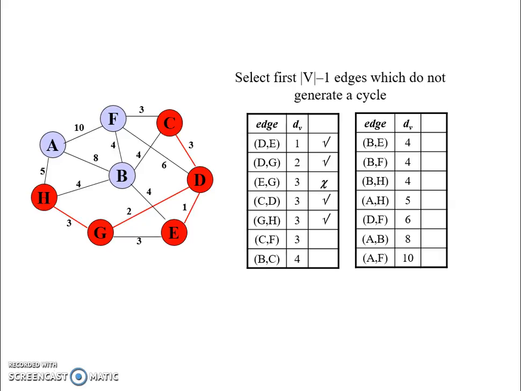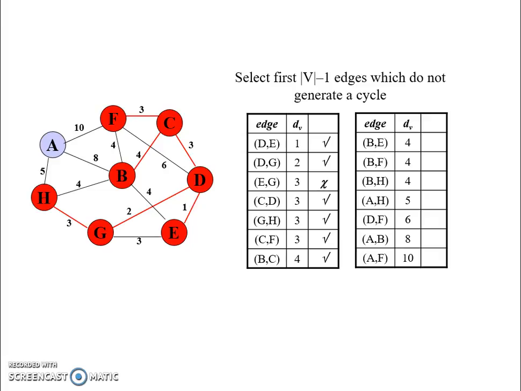It is also included in the minimum spanning tree because it doesn't create any cycle. And next I am selecting edge CF having the cost 3, which is also included in the graph because it's not creating a cycle. And next I am selecting BC, which is also included in the spanning tree because it does not form any cycle.